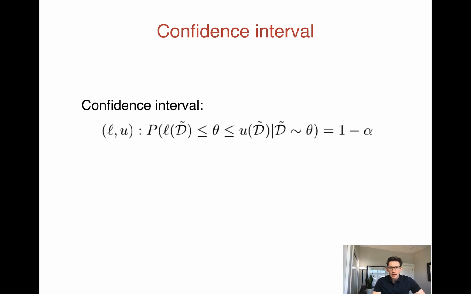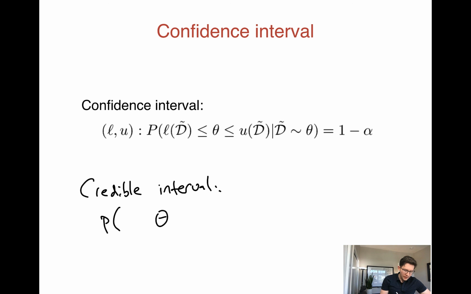There's a related topic from a Bayesian perspective called a credible interval, which is defined as the probability that theta is greater than or equal to L and less than or equal to U given D for some bounds L and U. So note that here we're taking a Bayesian perspective, so theta is the random variable in question. Compared to the confidence interval, note that in the confidence interval, it's L and U that are random variables, theta is fixed.